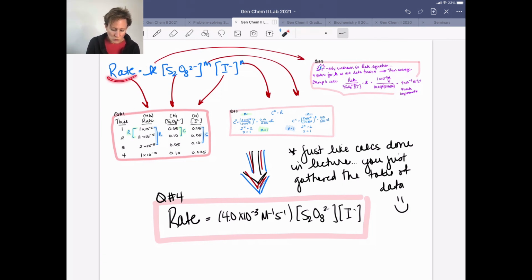So we used rate and concentration data with the reaction orders that we got from our method of initial rates to solve for K. We put all of these pieces of information together to write a specific rate law that now has the value for the rate constant in there. I know that's a lot, but hopefully this last little part was pretty straightforward because it's the same kind of calculations we've been doing in lecture for the method of initial rates.